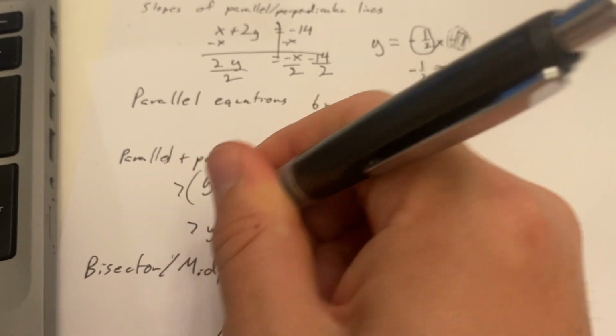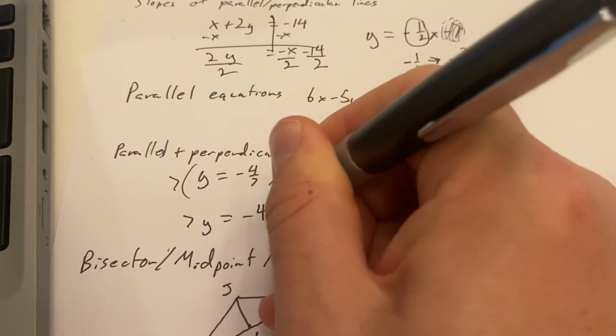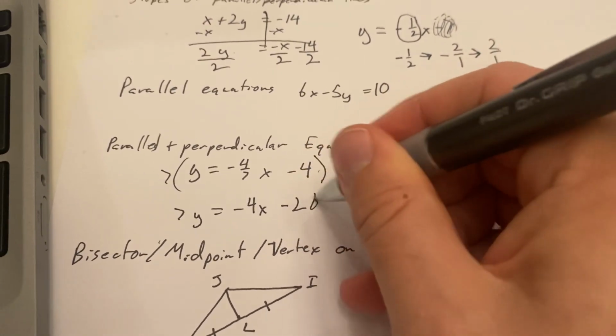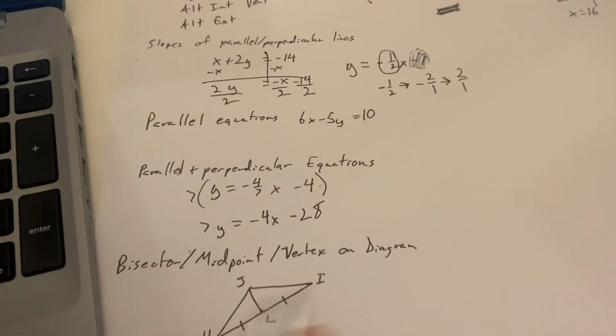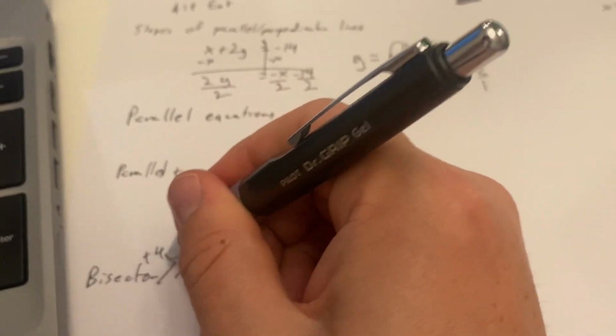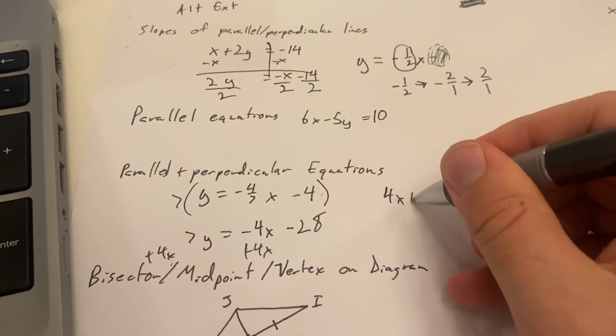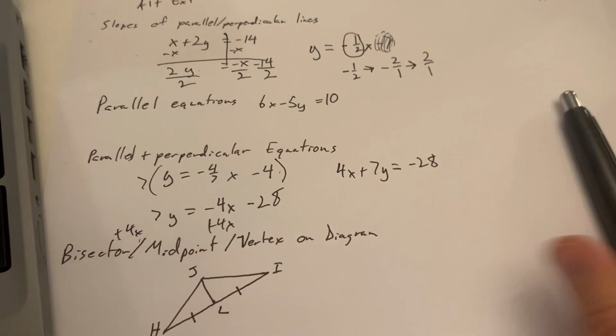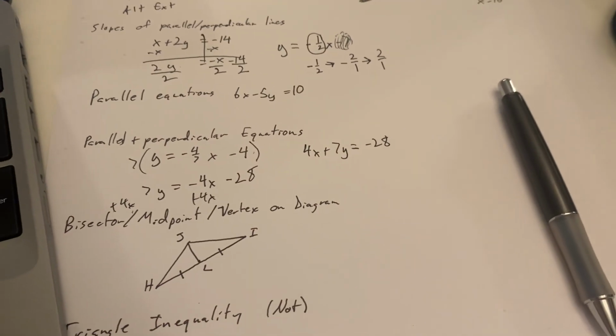So I'd end up with 7y is equal to a negative 4x, because that gets rid of that fraction, and then minus 28. So then I would add the 4x back to the other side. So I'd have 4x plus 7y is equal to a negative 28. So that would give me that standard form again.